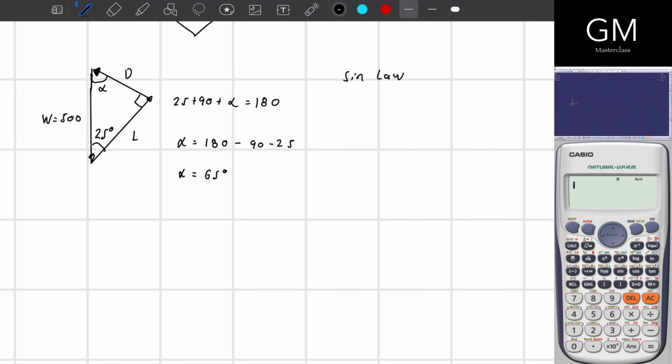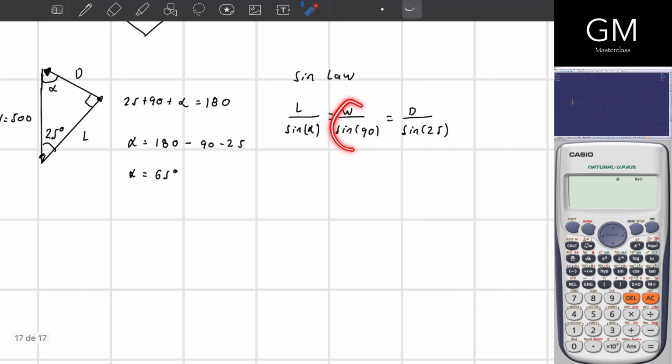So L divided by the sine of the opposite angle, alpha, is going to be equal to W divided by sine of 90, and this is going to be equal to D divided by sine of 25, right?